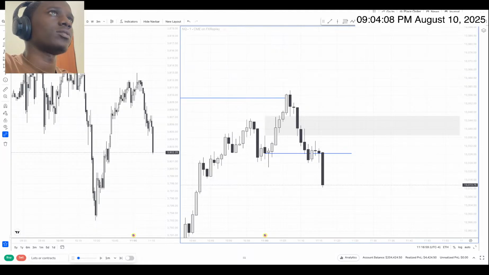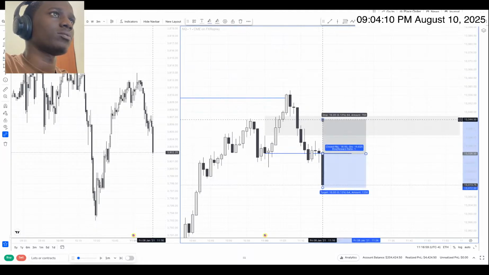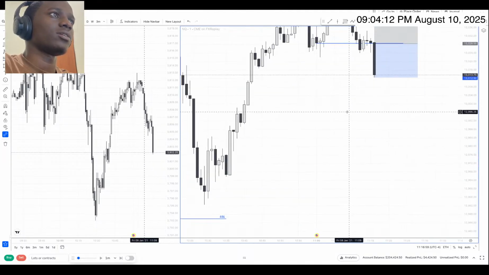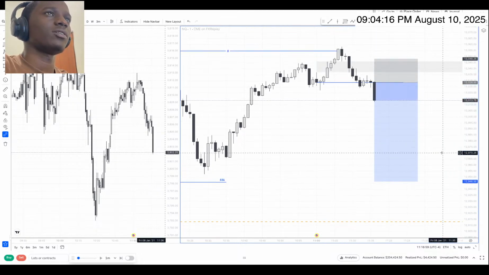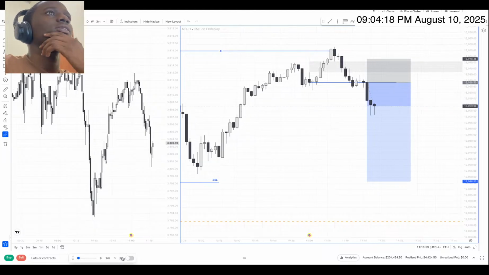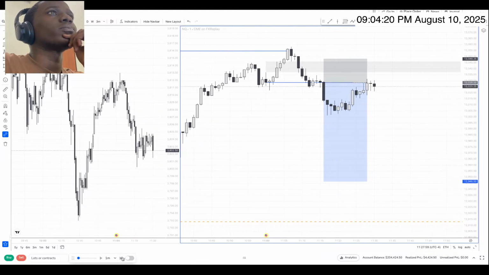Which means here you can position your entry here, just above the inversion. And sell side. Whoa, 4.15. That's way too crazy, but let's see.